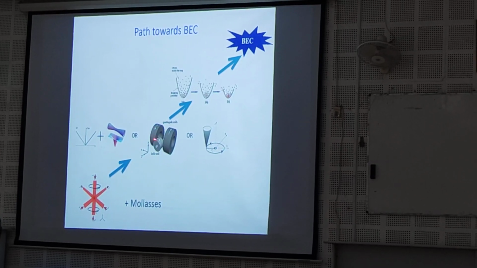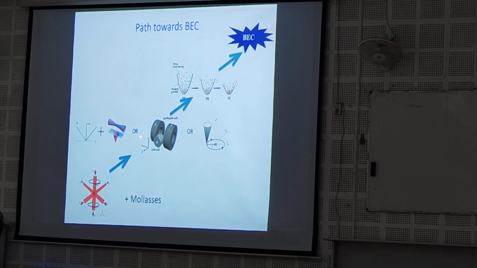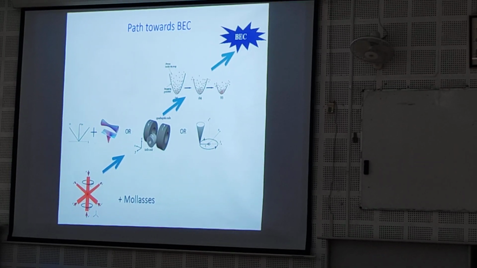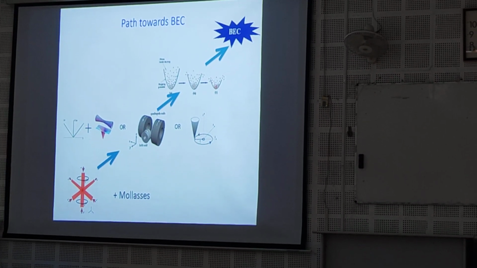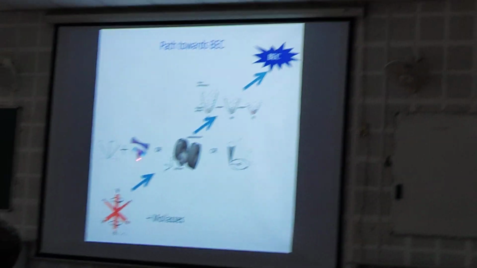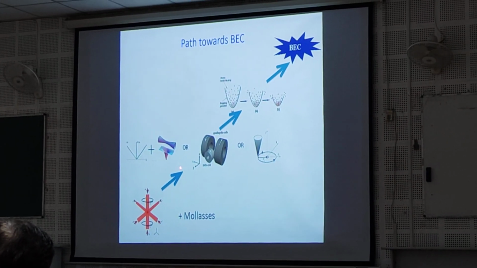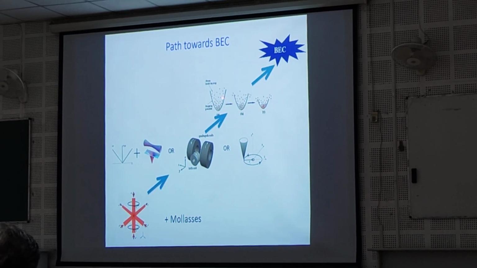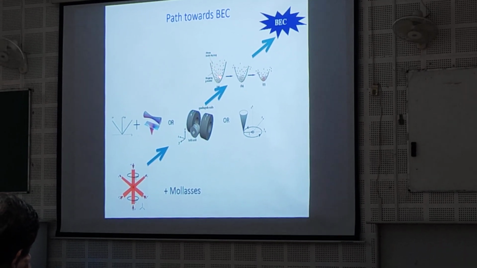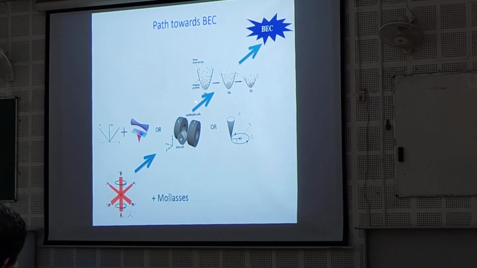Then we transfer them either into a magnetic trap, of different types, or into an optical trap where we use focused, intersecting laser beams, which create an optical potential where you confine these atoms. And then once you confine them in this potential, there is a fraction of hot atoms and a fraction of cold atoms.